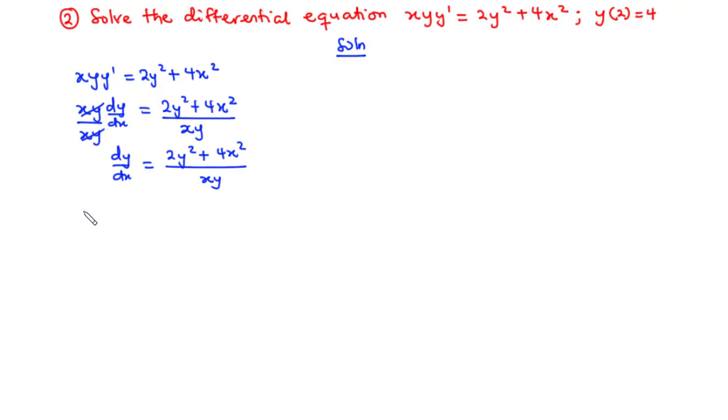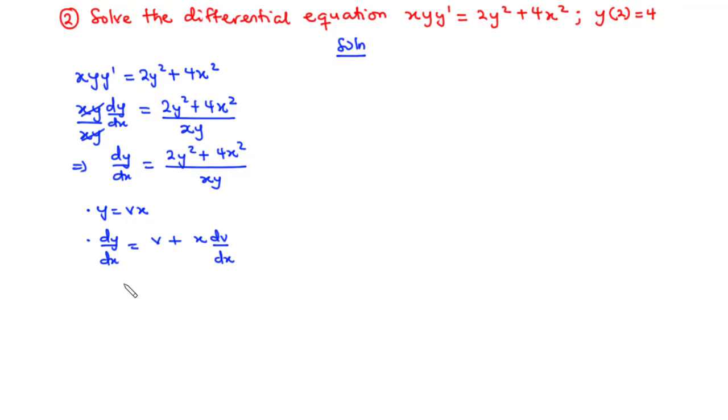So first of all, we need to make the two substitutions. First, y equals vx, and then second we have dy dx equals v plus x dv dx. So let's substitute y and then dy dx into this differential equation.